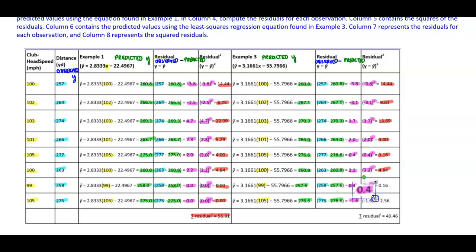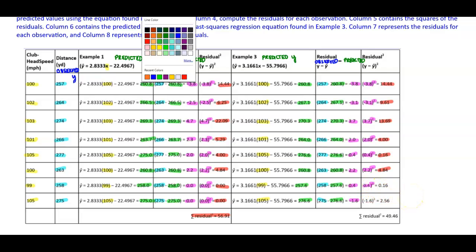So this should be 0.4 here. Okay, so 0.4 squared gives us 0.16 as our squared residual. And then the last one, negative 1.6 squared, is going to give us 2.56.